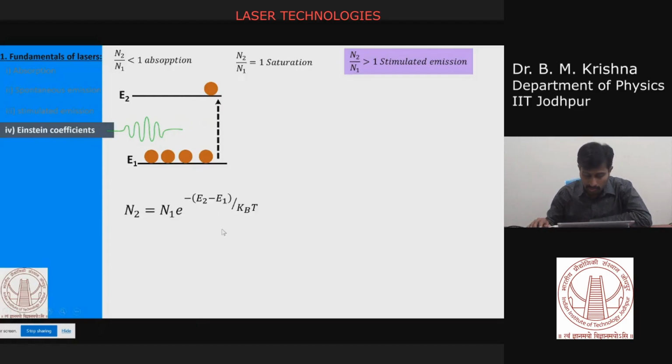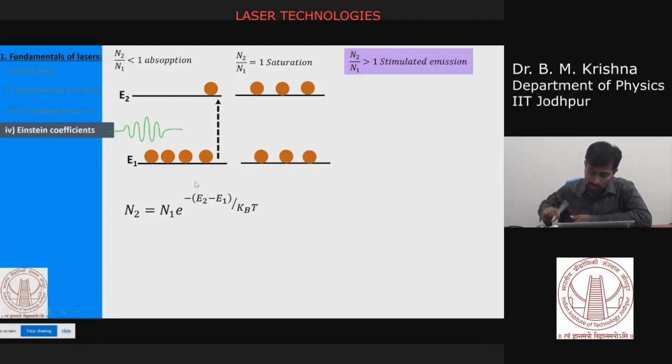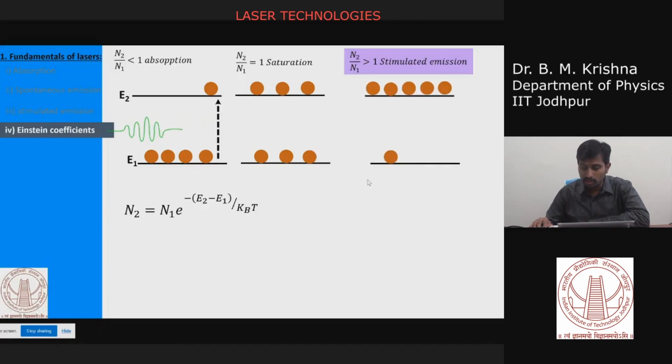Okay, so now the saturation condition. The rate of absorption is equal to the rate of the spontaneous emission or the stimulated emission. That gives you your saturation. That means these two states are always equally populated. So this is the saturation condition, and the third one is your stimulated emission condition.